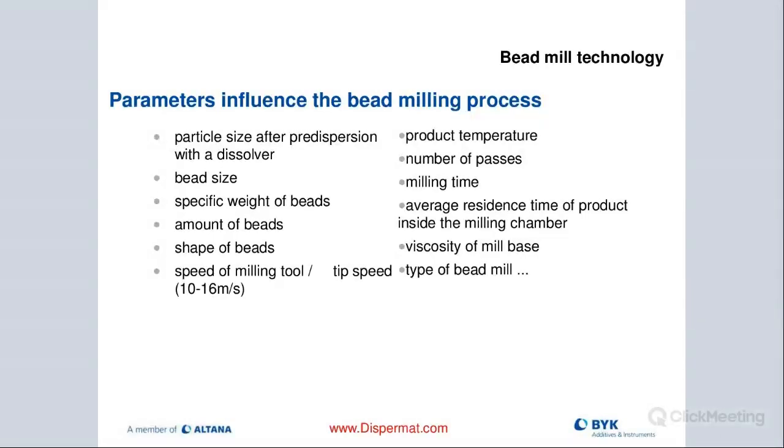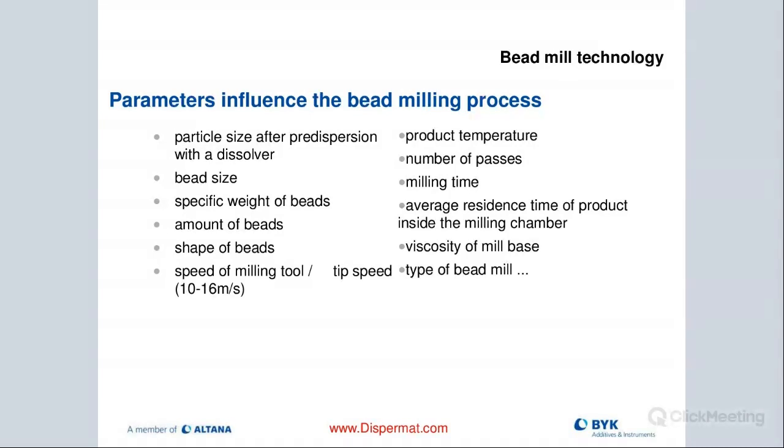So here are some critical parameters that we always need to watch out for when we are milling in the second step of the dispersion process. We always have to have the right particle size in our bead mill, because we don't want larger particles, as they tend to clog up the screen or a dynamic gap as we have in our horizontal mills.